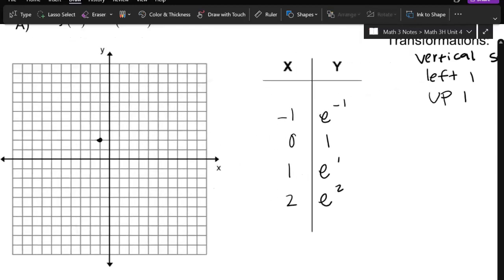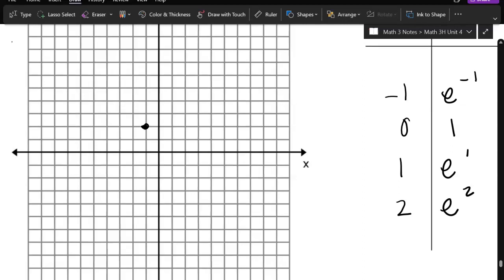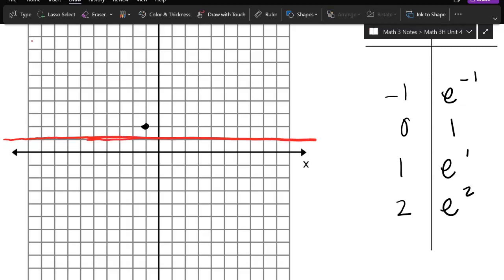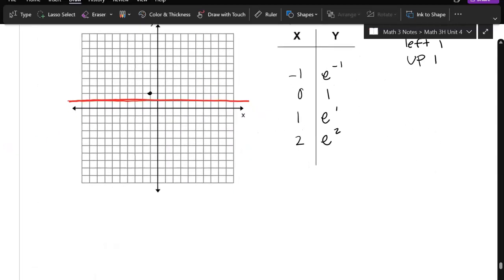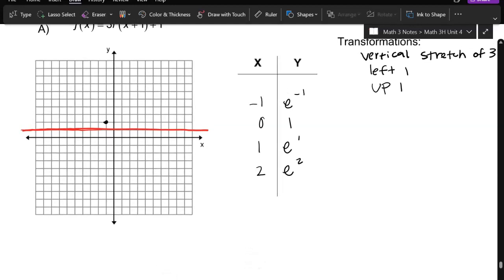So that's where our center would be. So our 1 is going to be our new asymptote line. And then we're going to apply our transformations to our points.